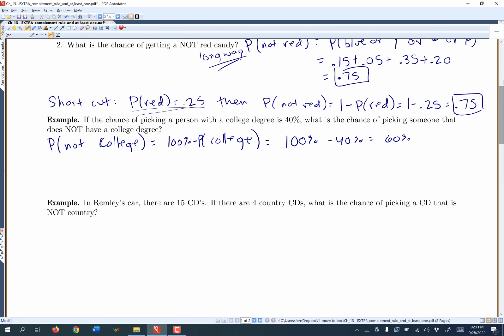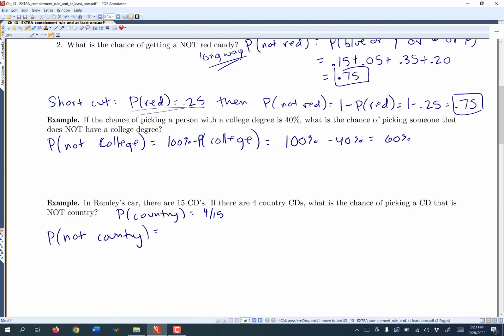Let's see, in Remley's car there are 15 CDs. If there are 4 country CDs, what is the chance of picking a CD that is not country? So the probability of country, we said there were 4 country out of 15, so we'll say 4 out of 15. So if we want the probability of not country, I don't have to know everything that's in there.